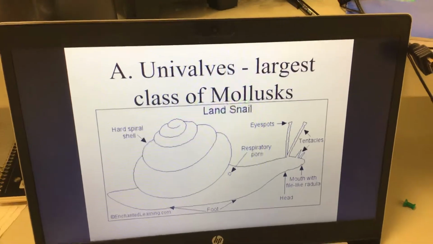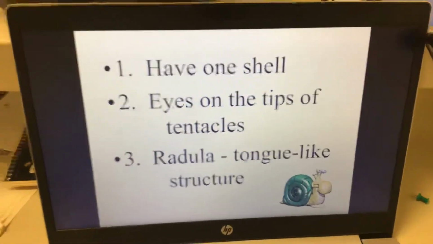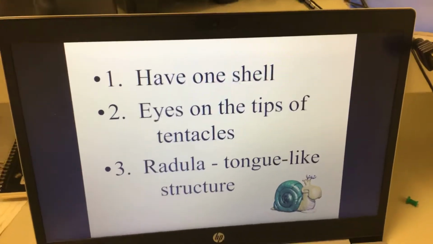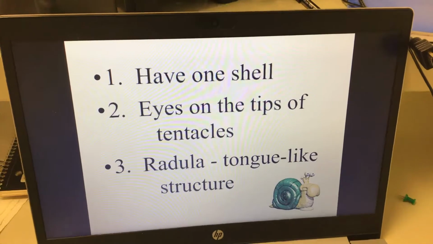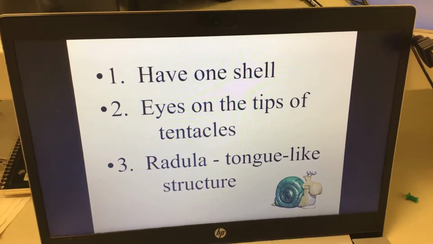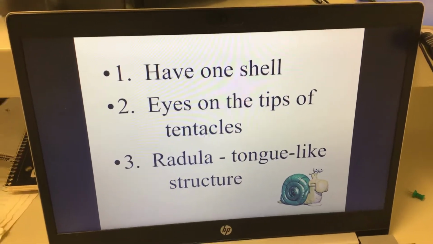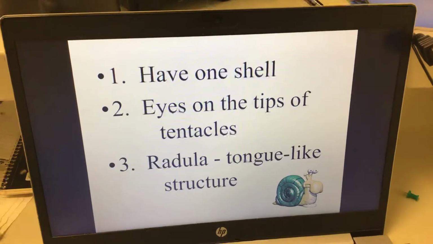Valve means shell. So it has one shell, univalves. I'd probably write these down as well. Have one shell, eyes on the tips of tentacles, and what they call a radula, which is a tongue-like structure used for eating. Kind of slurps things up.